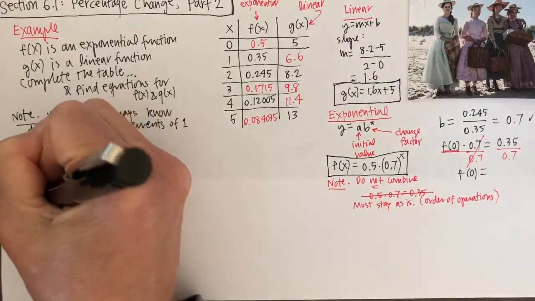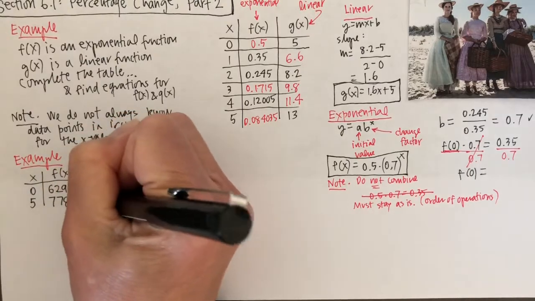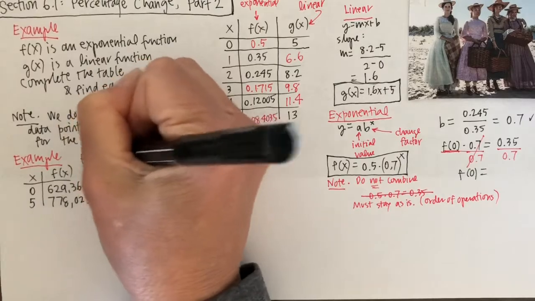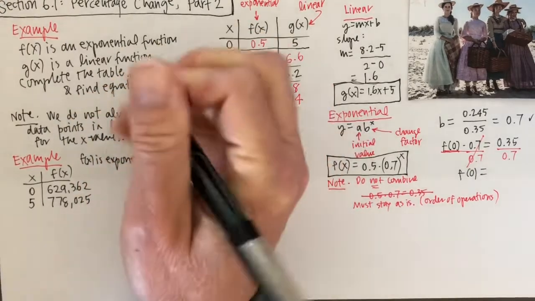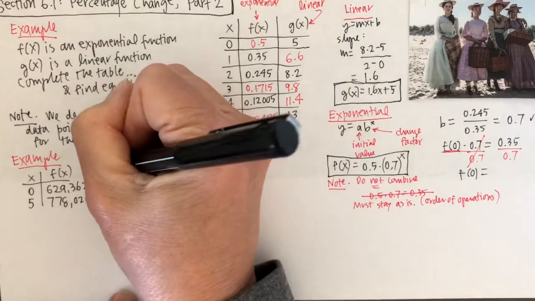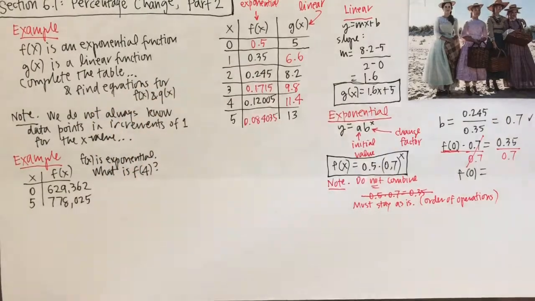And then we also know that 5 as an input yields 778,025. And we know f of x is exponential. And we want to find, what is f of 4.